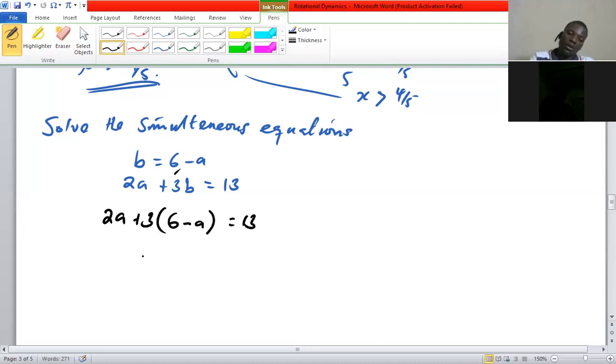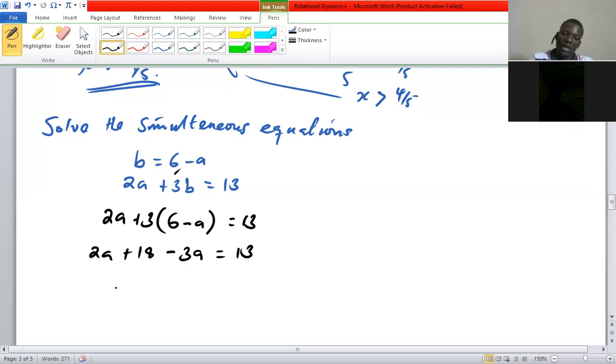So we expand, multiplying this 3 by everything in the brackets. So we have 3 by 6, which is positive 18, and then 3 by negative A, we have negative 3A, equal to 13.